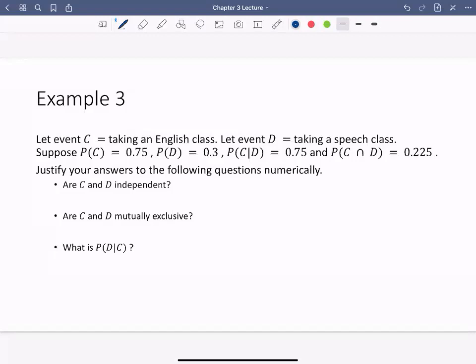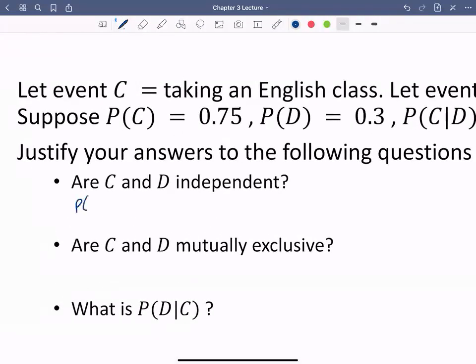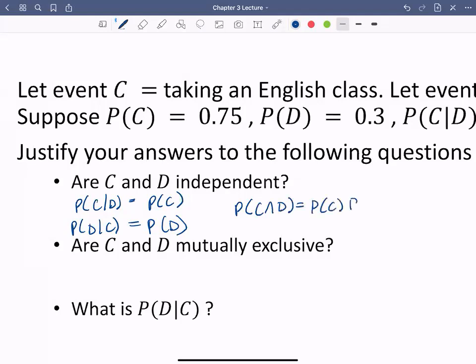You can check that the probability of C given D equals the probability of C. Or we can say the other way, the probability of D given C is equal to the probability of D. Or we can say that the probability of C and D is equal to the probability of C times the probability of D.